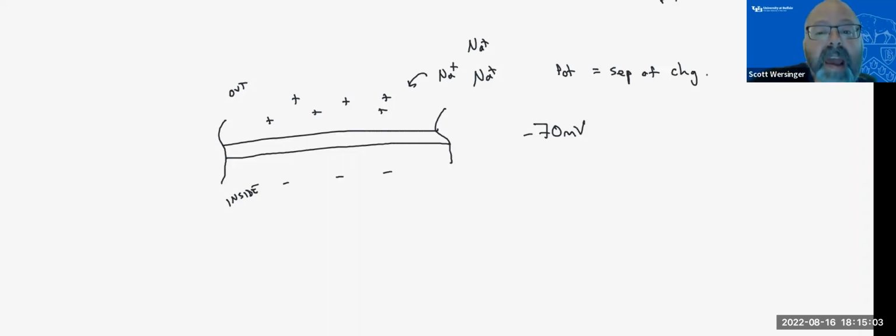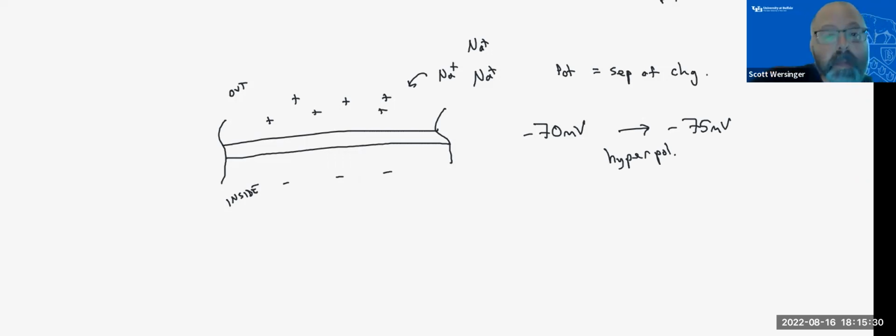The flip side of that coin is that I'm making the inside more negative. So this minus 70 millivolts will get more negative. Maybe it goes to minus 75 millivolts. Movement in that direction, increasing the separation of charge, is called a hyperpolarization.